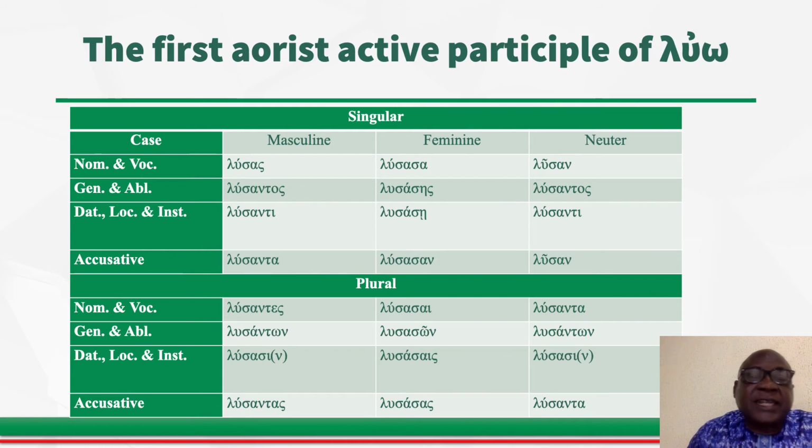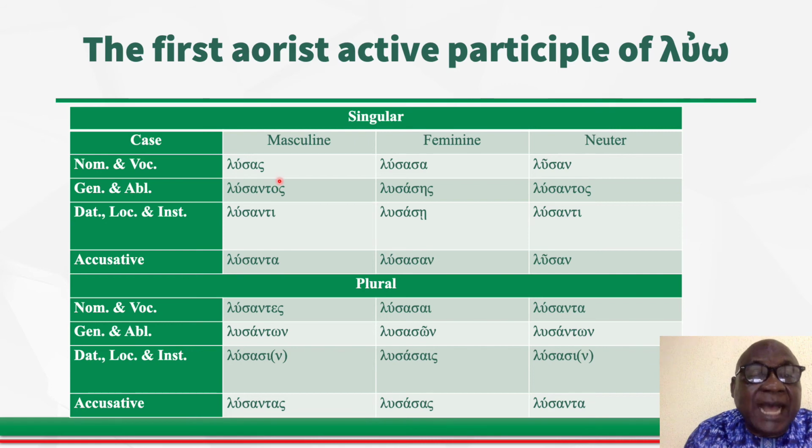Now, in this section, we'll walk into the aorist participle. The first aorist active participle is here. And let's take a look at this. At the nominative, you have lusas, which is lu. Remember that the sigma is a sign of the first aorist, and then the ending is as.